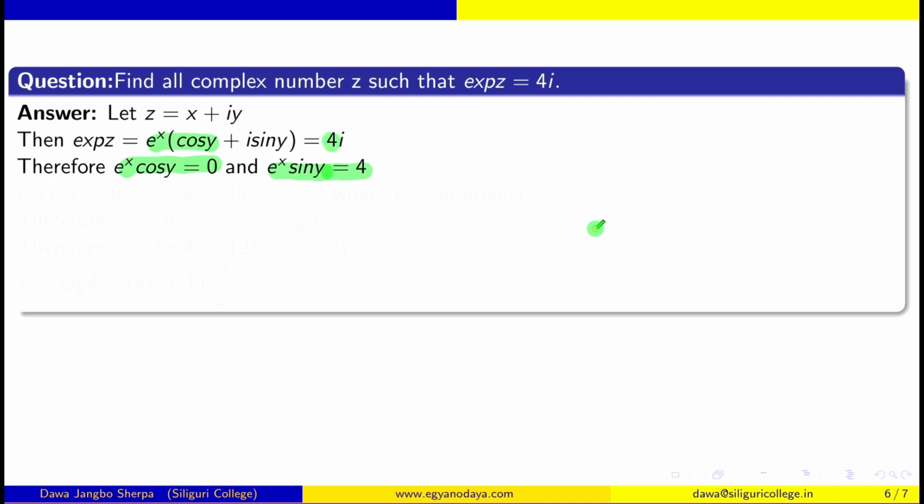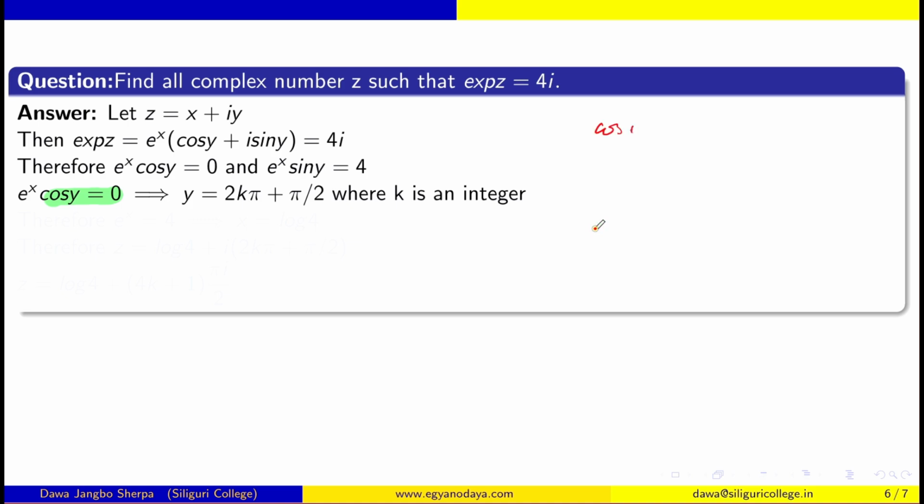Now from e^x cos y equal to 0, e^x cannot be 0, so cos y is 0. Cos y is equal to cos π/2. This can be written as cos y is equal to cos(2kπ + π/2), where k is an integer.